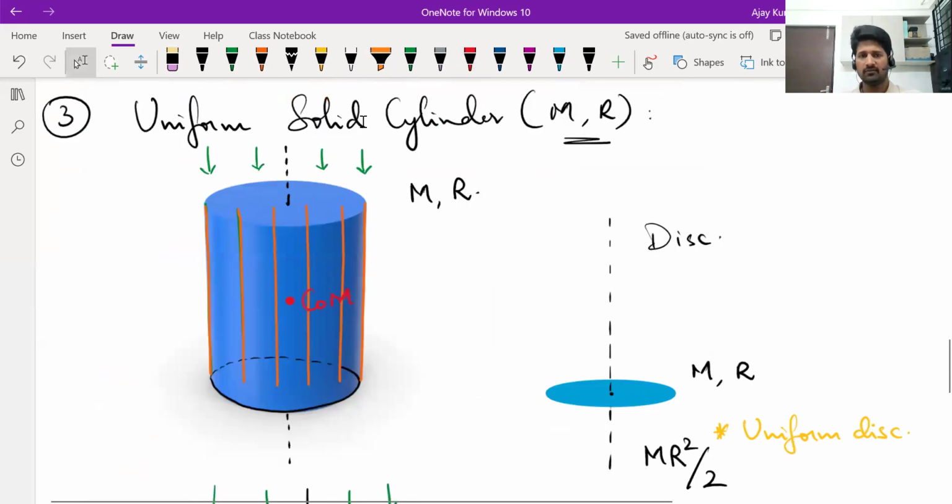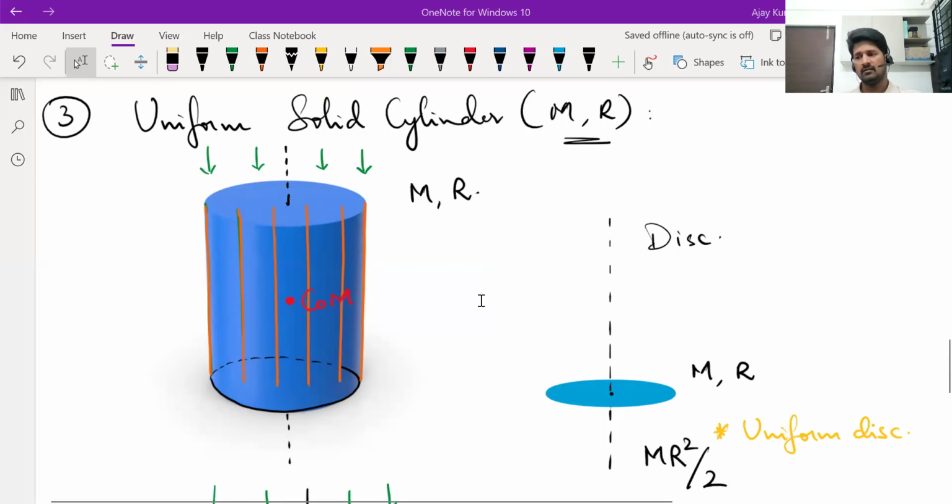So basically what we have done is, using the fundamental ideas of moment of inertia, we derived the moments of inertia of some regular shapes about axes which pass through their center of mass.